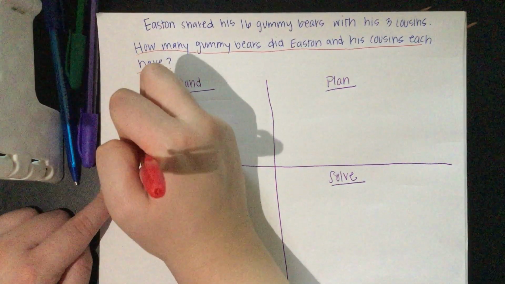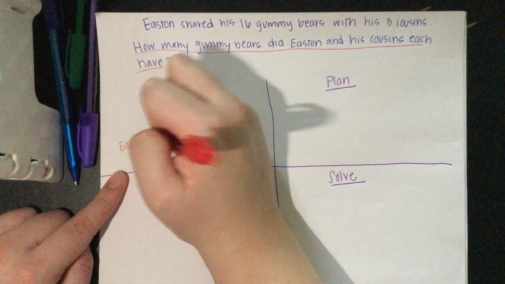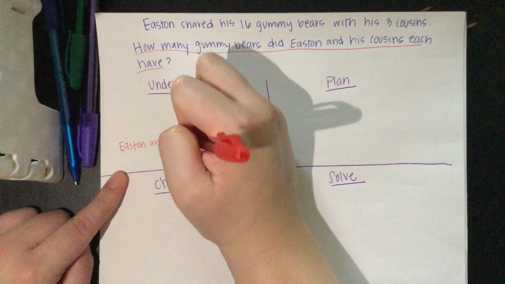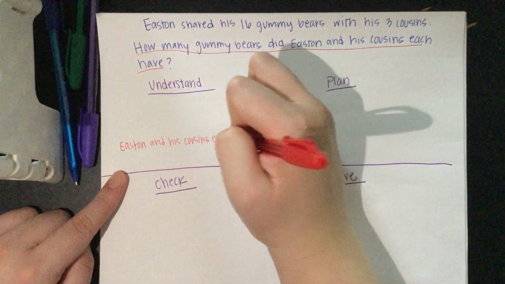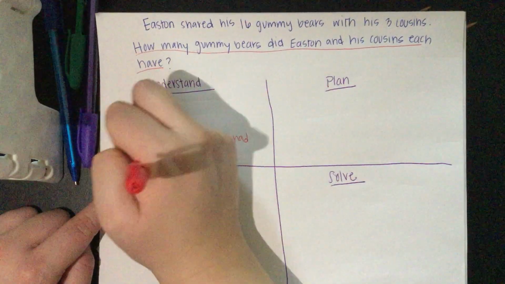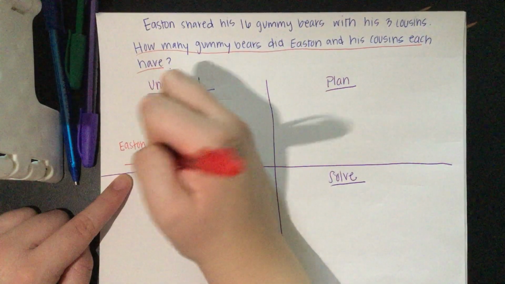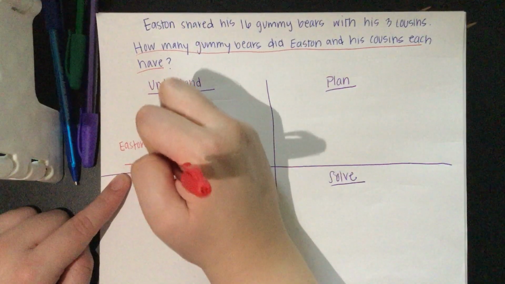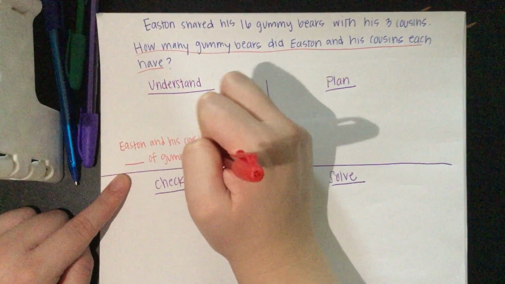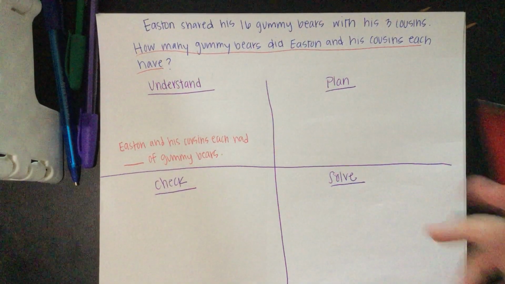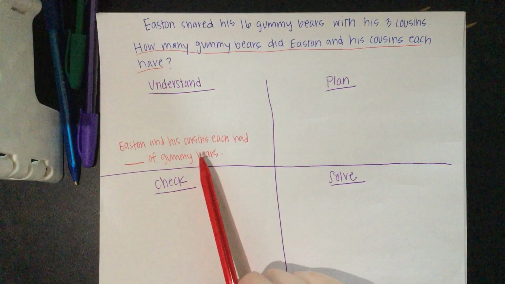Easton and his cousins each had a blank number of gummy bears. Okay, so I've taken my question and I've made it into a sentence.